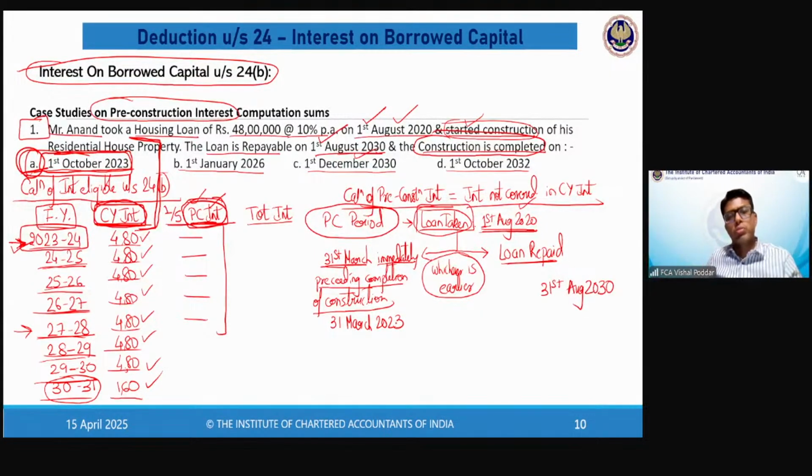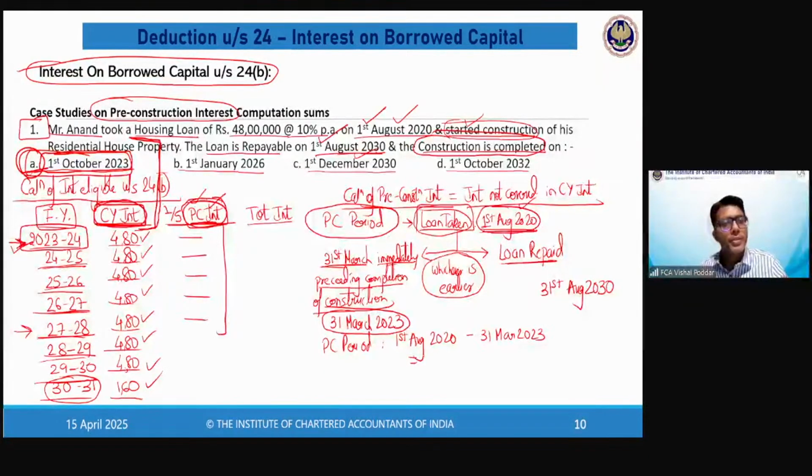Now, as per the legal language, your pre-construction period will be from this date to one of these dates, whichever is earlier. So it is this date. If I have to write the pre-construction period properly, it is 1st August 2020 to 31st March 2023.